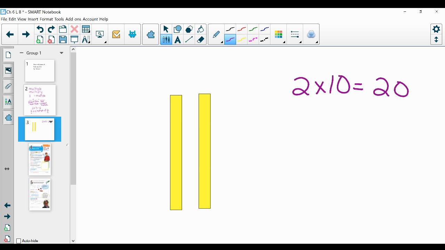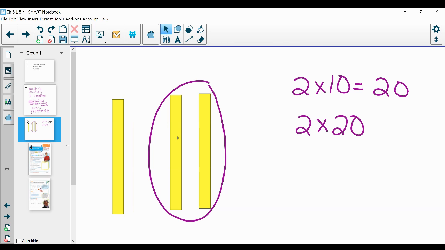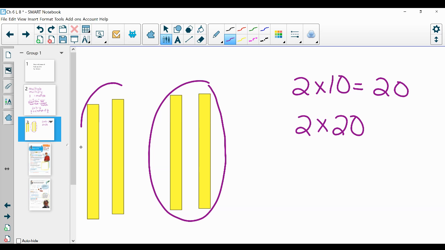If you are multiplying two groups of 20, here you have one group of 20. Now you have two groups of 20. So 2 times 2 is 4. Two groups of 2 is 4, but this is really 2 tens.